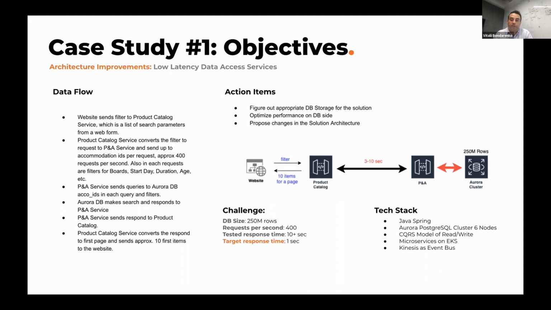The service was combined from two services on the AWS side. The first one is a product catalog, and the second one is PNA, which is product price and availability. Every time you see an item on the website, near this item you also see specific information about price and availability, like product stock information.